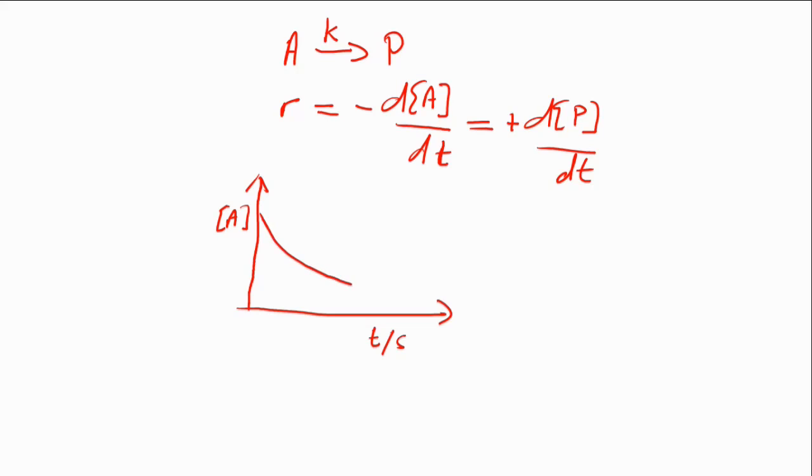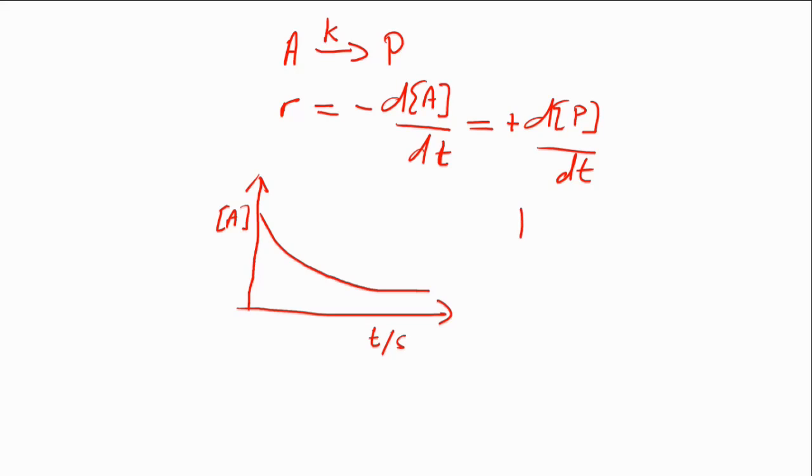The concentration of A will decrease over time. Okay, that is what is expected. Of course, you realize that at some point the graph starts to basically level out. That is because the reaction is approaching equilibrium, okay, as is typical.